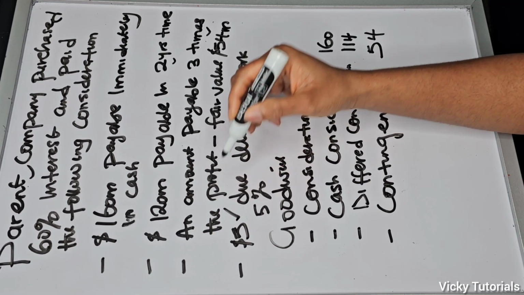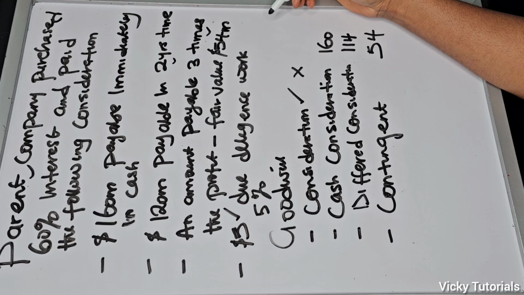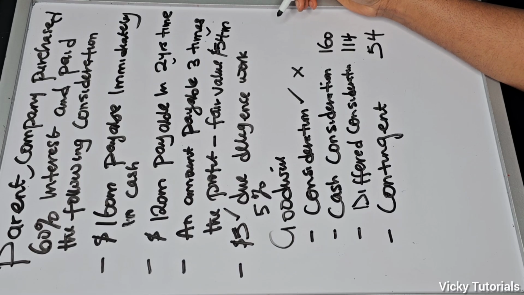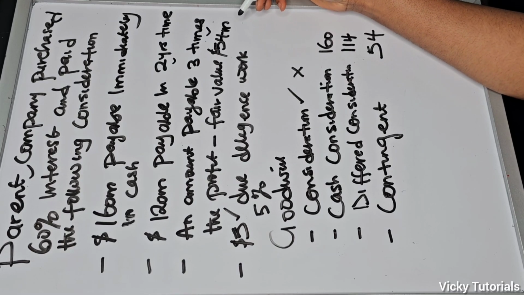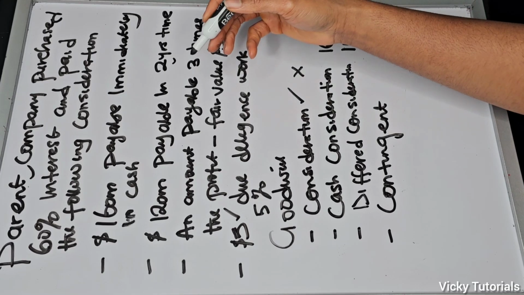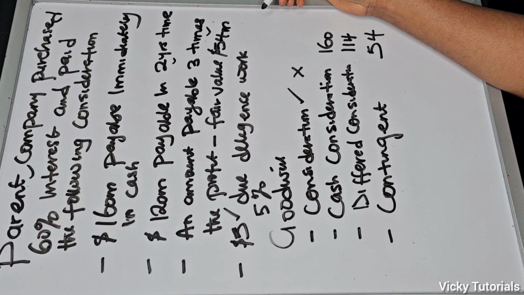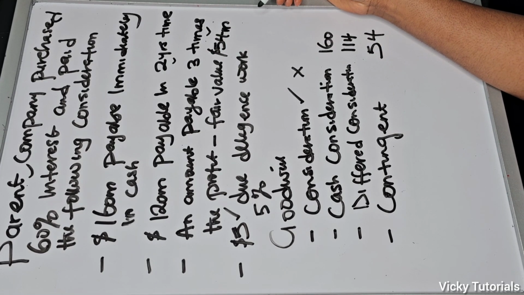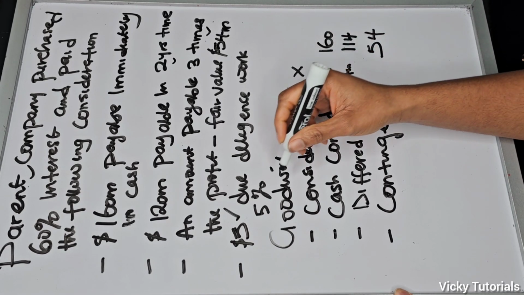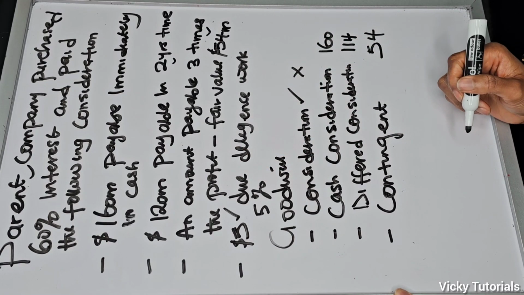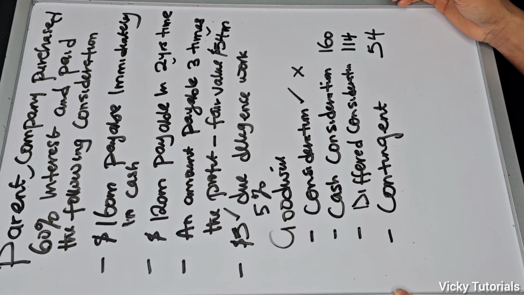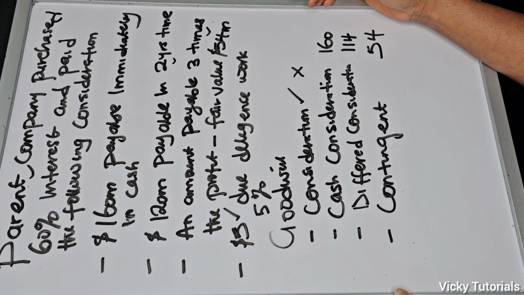And finally, we have the 5 million that was paid due to due diligence work. This can be like a legal fee paid to lawyers when acquiring this company. They paid a legal team to help them put things in place in order to acquire this subsidiary. So in this situation, the 5 million due diligence will not be included in the consideration transferred, because it is not really part of the payment for the purchase of this subsidiary.